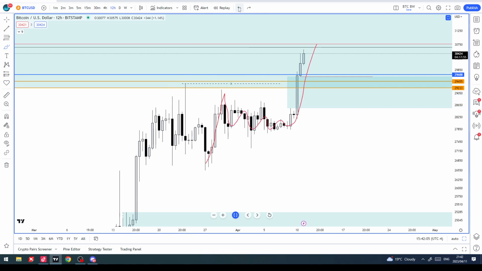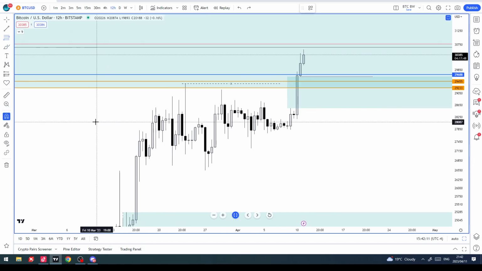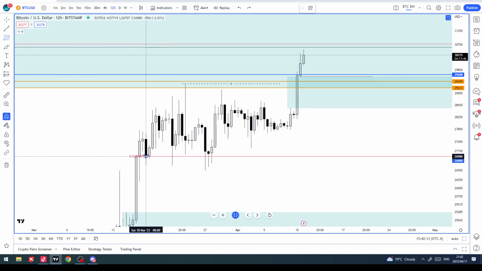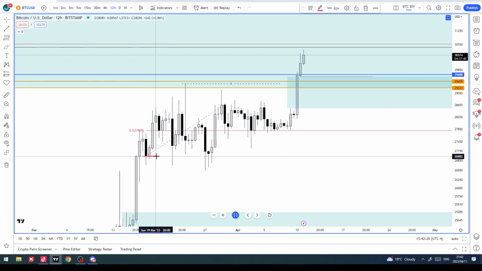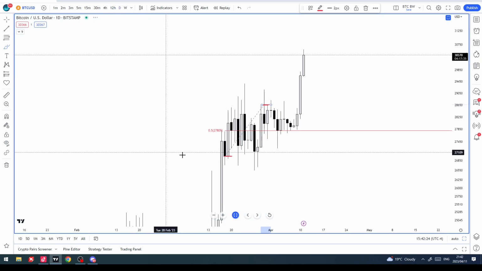Now, again, if you're talking about ranges, then what we need to speak about is equilibrium, right? Look at that. If we took from candle body to candle body, here to here, and you could do it on a daily as well. Let's do that on a daily just to make sure.